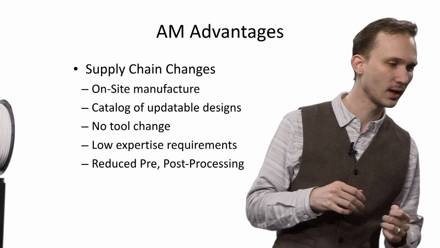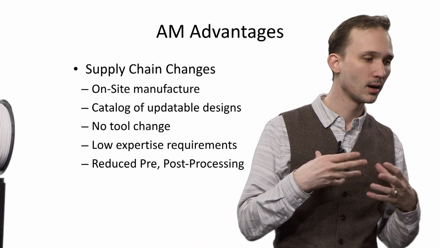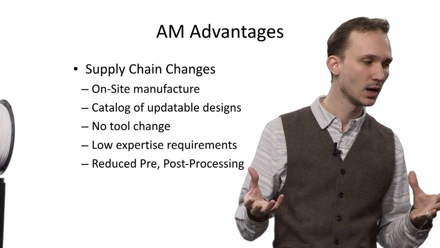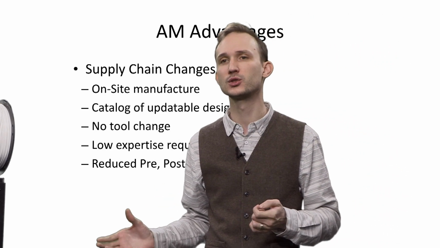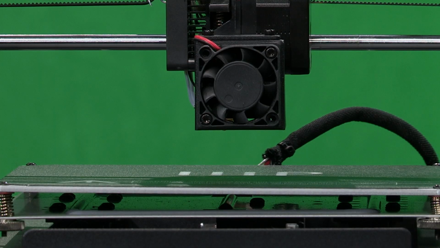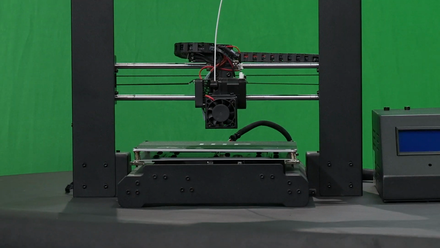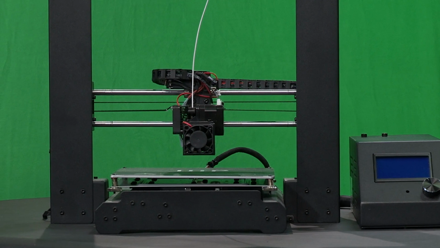And we also have to ask whether it's more efficient for us to store that raw material, which may change over time, which may age. And we also need to decide whether bringing raw material to the site is difficult or whether something may be present already. So in order to see the advantages and disadvantages of our particular fused deposition modeling setup here, let's take a look at the hardware.